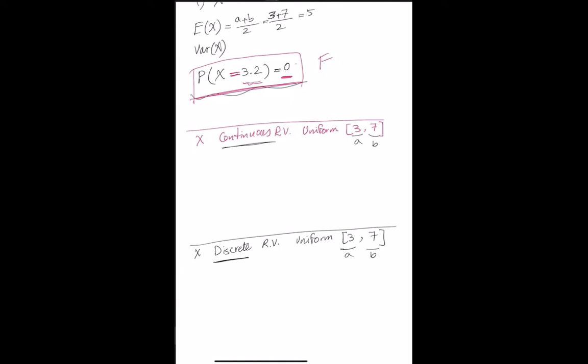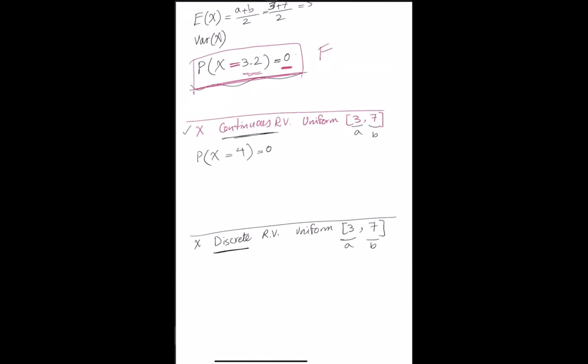And I'm asking you, what is probability that x equals to 4? What is the answer to this question in this scenario when x is a continuous random variable? Do you guys not know the answer, or you just don't feel like answering? 0. This probability is 0.